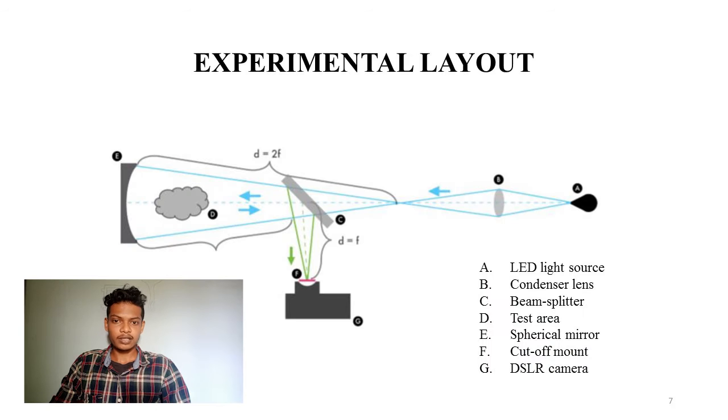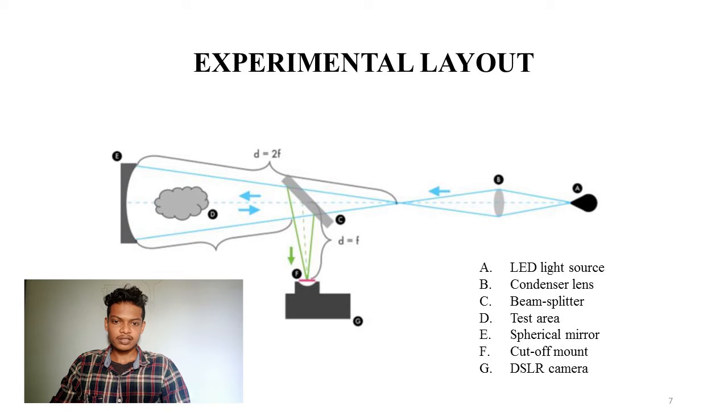Now we are seeing the experimental layout of our project, and it has some components: an LED light source at point A and a condenser lens at point B. Then a beam splitter at point C. It can be neglected; we do not need a beam splitter in this project.